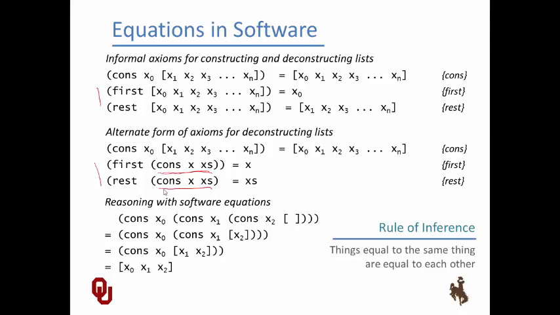And when you apply rest to such a list, you get back the second operand of the cons, which is the list that's being inserted into. So this form of the first and rest axioms and this form are equivalent, they mean the same thing, and we'll apply whichever one is relevant in our particular situation as we go along.